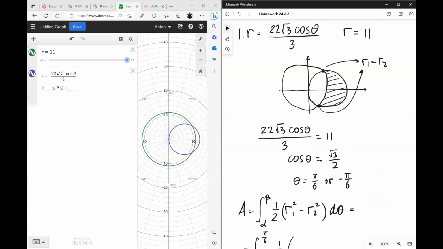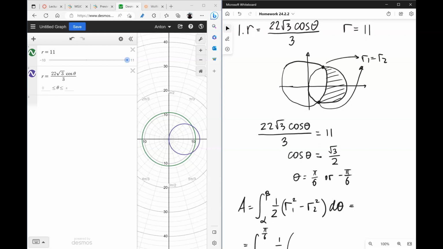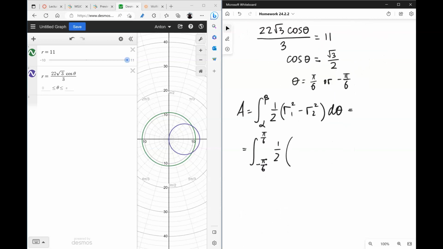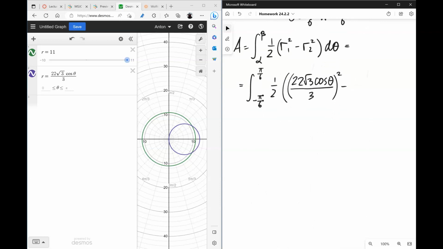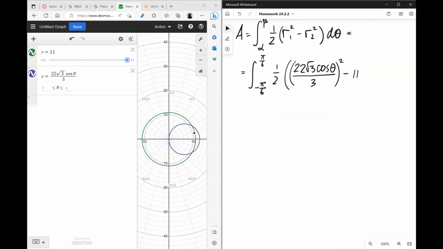The outer one is the one with the center on the x-axis, so it's 22 square root of 3 cosine theta over 3 squared, minus r2 squared, the other one, which is just 11 squared.